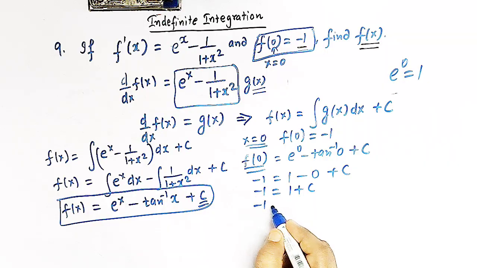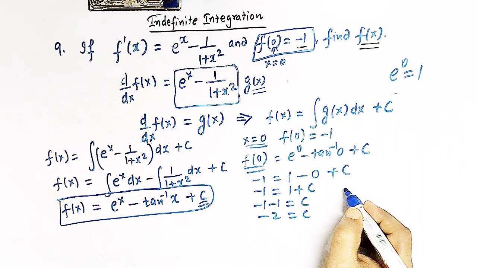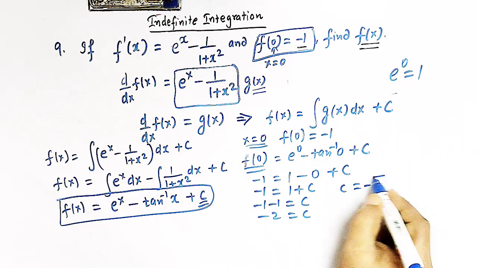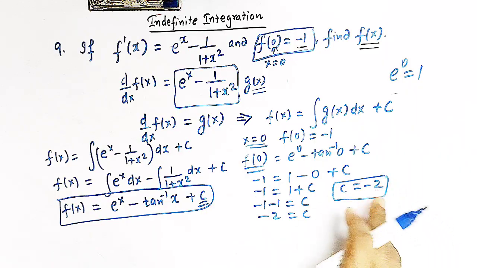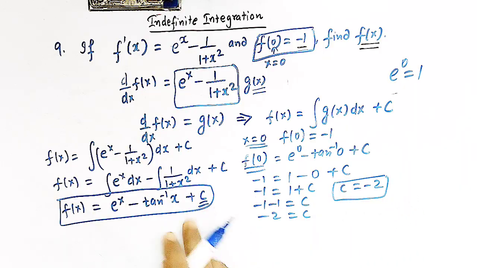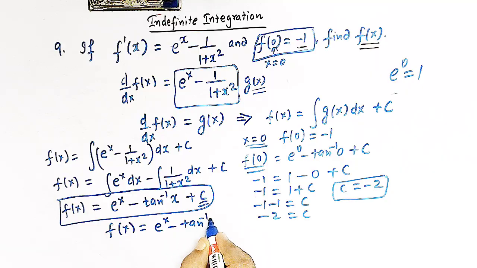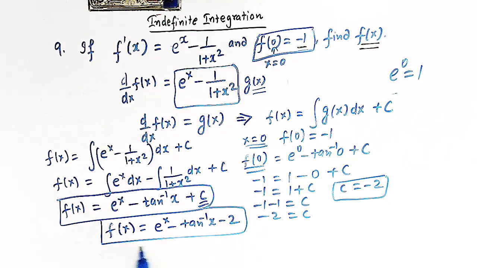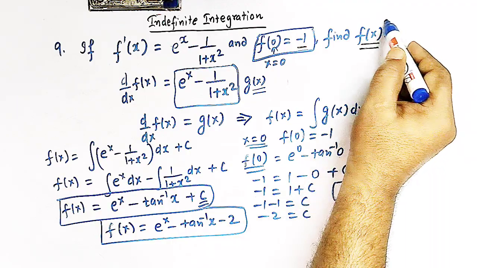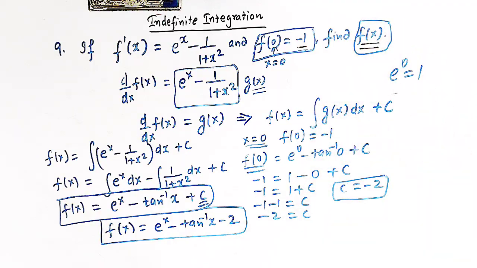So we have minus 2 is equal to c, that is c is equal to minus 2. Now let us substitute the value of c as minus 2 in this expression. So the value of f of x is given by e raised to x minus tan inverse x minus 2. So this is the required expression for our function f of x.